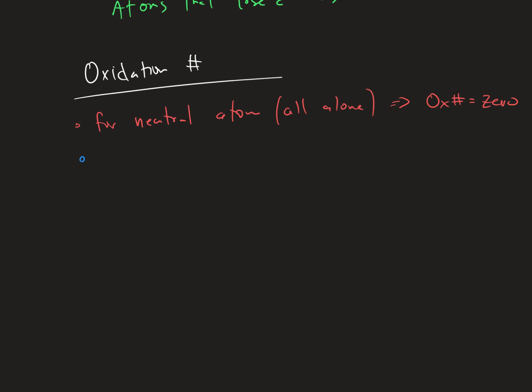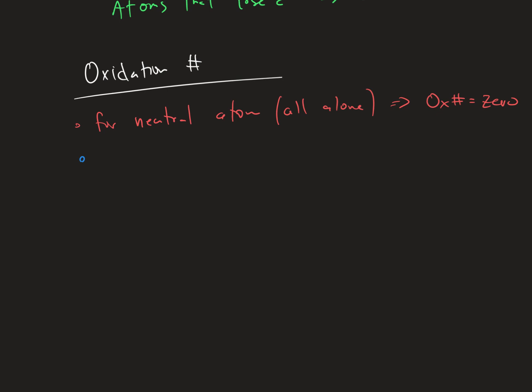So, diatomic molecules are all alone, even though they're with another of their own. Elemental oxygen does not exist alone, so we call it O2. The oxidation number for O2 is 0. The oxidation number for Cl2 is 0, and so on.